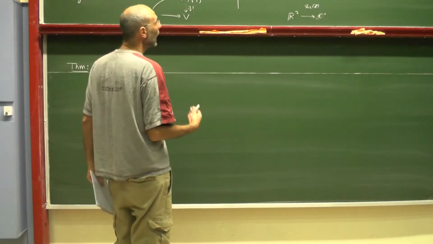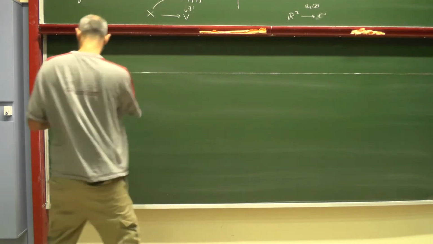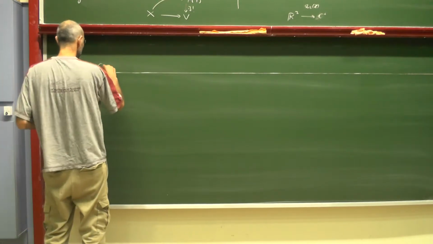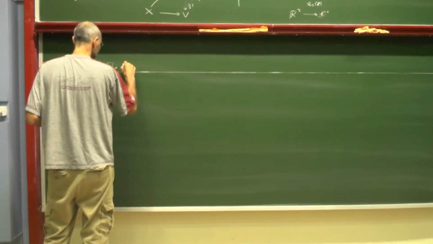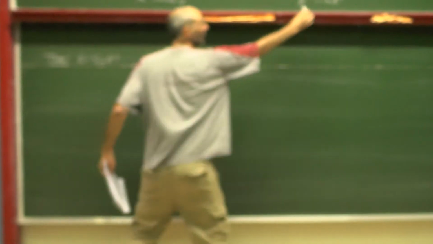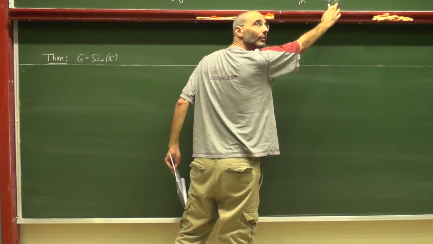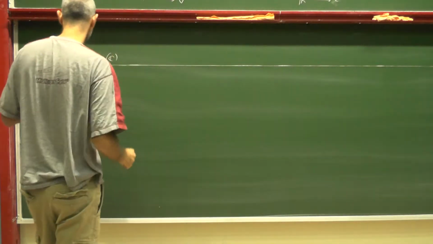But what were we actually using? The essence of it is in this theorem. So G will be SLNC. This is the group acting here. In that talk it was different, but I could have made it C2.